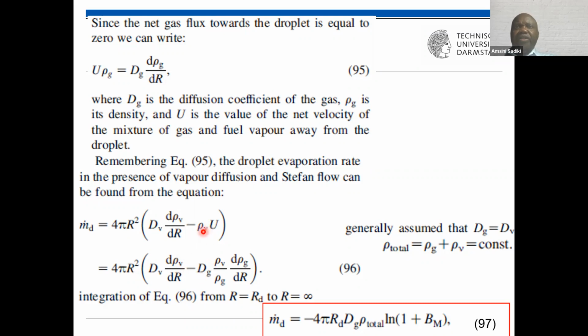And here we replace this quantity by this one. And by integrating it, we obtain exactly what we have here. That is our evaporation model, in which we account for the Stefan flow.